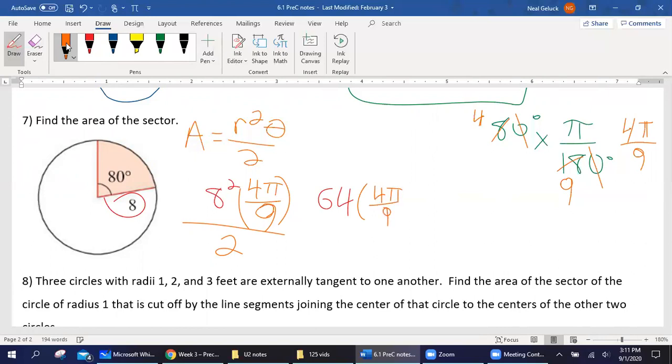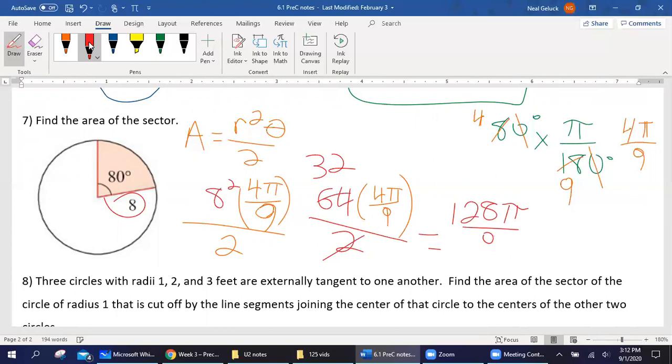And again, you can go about this in whatever order you want. Maybe you want to divide the 64 by the 2 first. You get the 32. And then 32 times 4 will give you 128 pi over 9. And again, that's the area, so I'm going to say units squared.